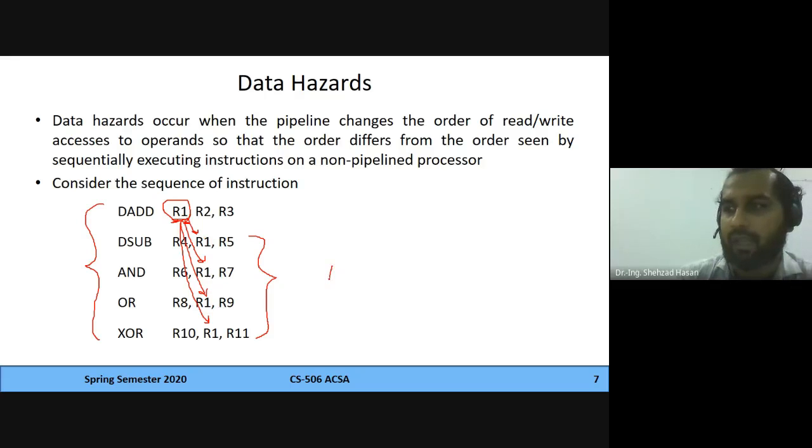For example, instead of R1 R6, R1 R7, it could have been R1 R7 R1. In that case as well, it's the same thing, you are using R1. So it could be on the RS side or the RT side. It doesn't matter, both of them are source registers.